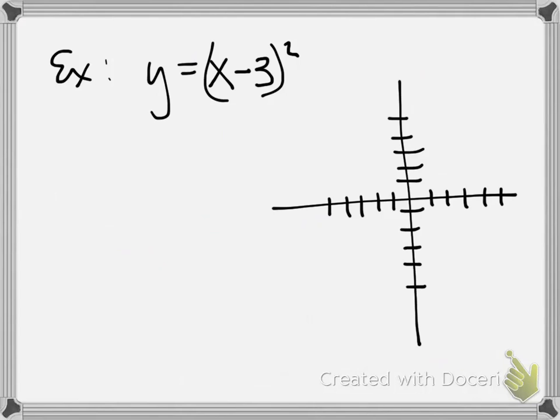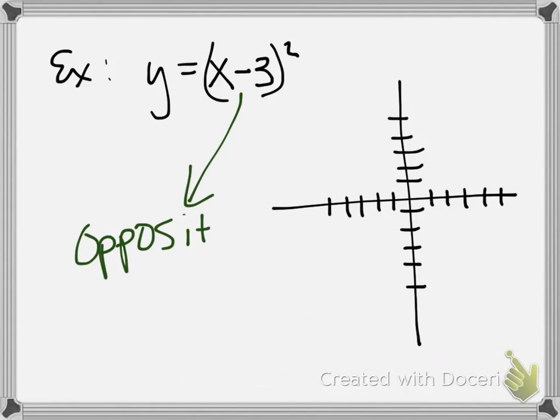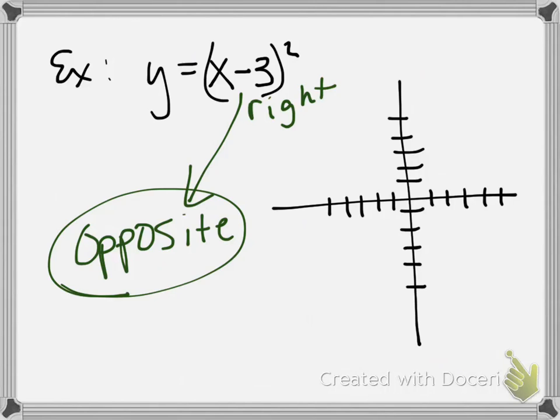Also, just like before, we have x world, and anything in x world moves the opposite direction. So x minus 3 seems like it should move to the left, but since we're doing opposite, it's going to move to the right. So we're going to shift right 3 units. That'll be my new vertex.